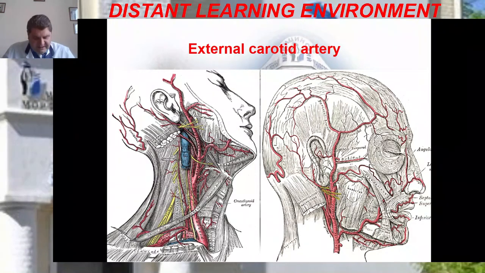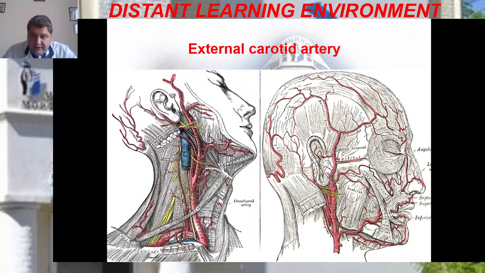The first is one, or maybe some of them, three or four little arteries, passing from the external carotid artery to the sternocleidomastoid muscle, and they give blood supply for this muscle. These are the rami sternocleidomastoidei, or sternocleidomastoid branches of the external carotid artery.